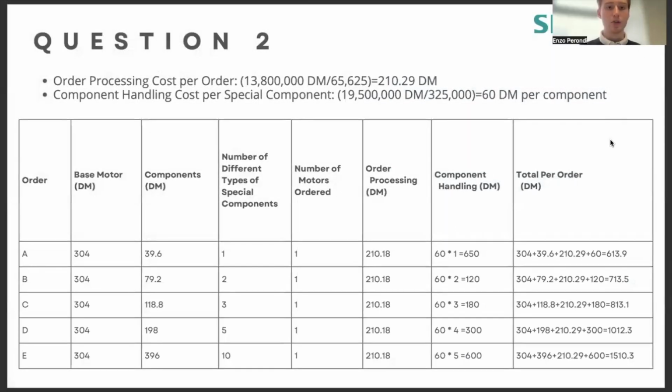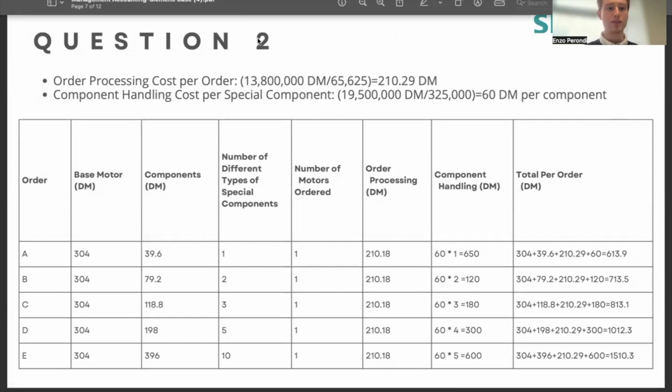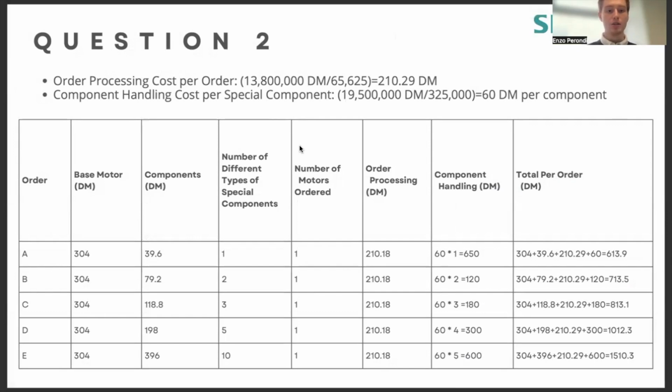So let's start by looking at how the activity-based costing system allocates costs for each of the 5 orders. The ABC system breaks down the cost into specific components, allowing Siemens to calculate costs with much greater precision compared to the traditional system. We are focused on 3 main components.